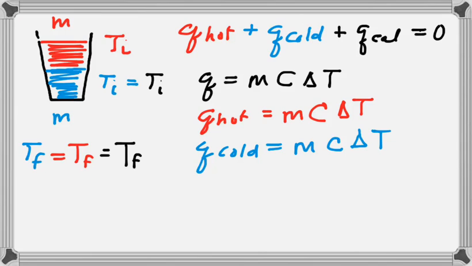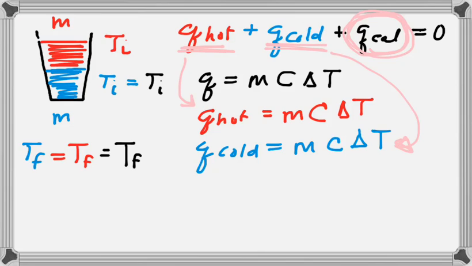In the prelab for this experiment, what they want you to find is the amount of heat absorbed by the calorimeter. So what you need to do is calculate Q hot using this equation. You need to calculate Q cold using this equation.